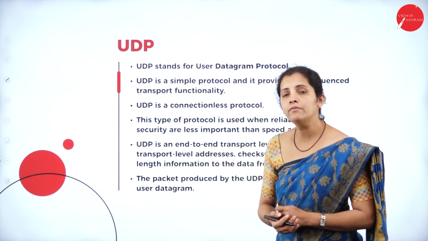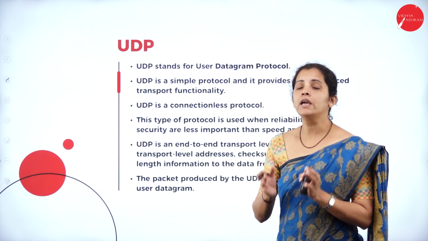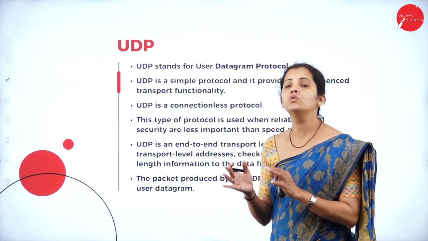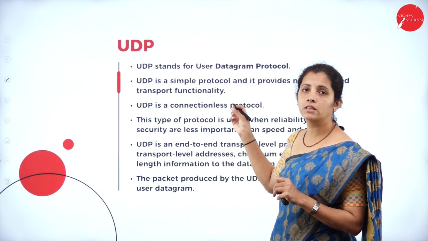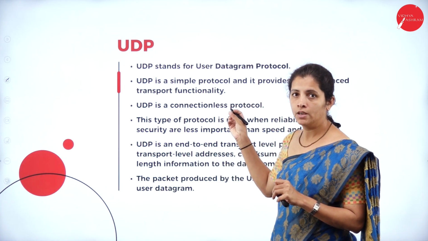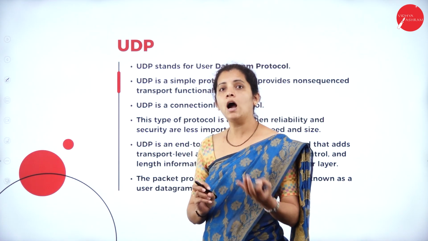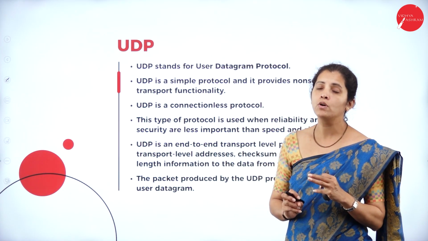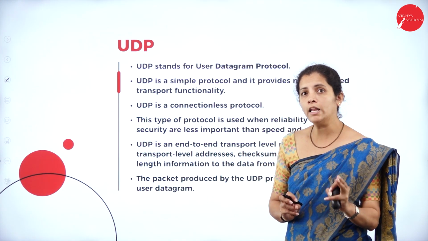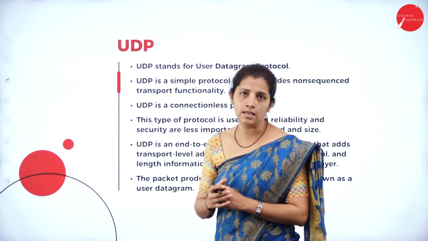We are very familiar with networks, and if two persons want to communicate with each other, they must require a network. And how are we going to send the data? For that we have two types of connections: one is connection oriented and the other is connectionless.